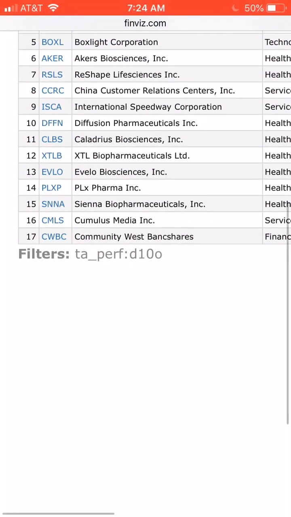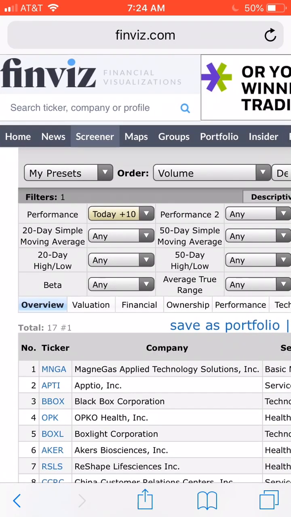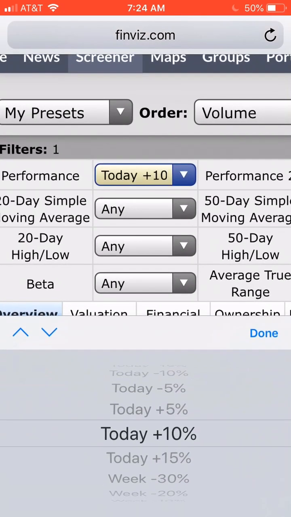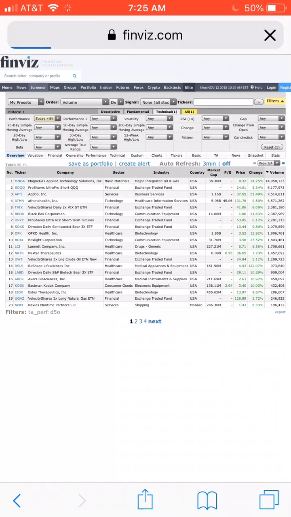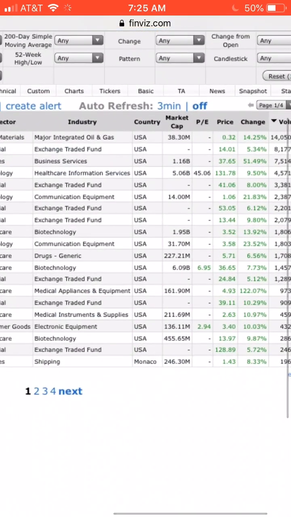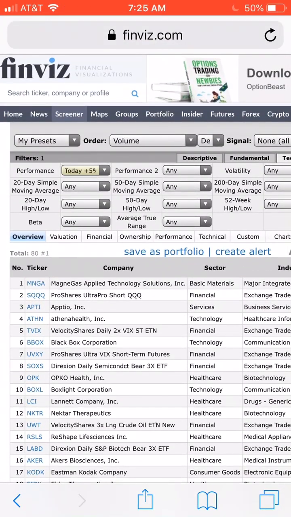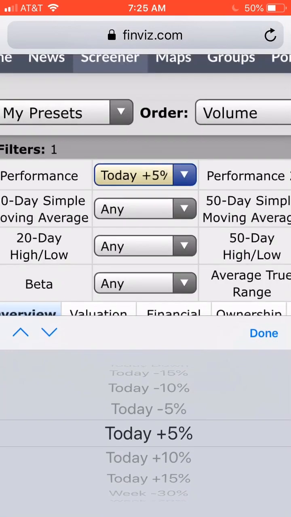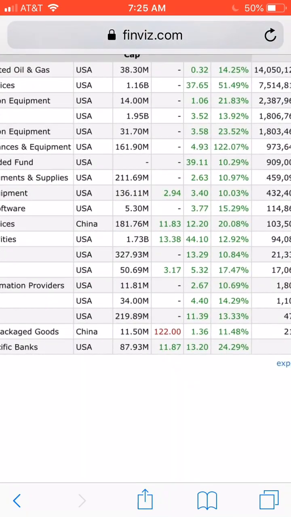And now since some time has passed, I will just look at the 5% and then go back to the 10% to kind of refresh this scan and see if any new trades are available.